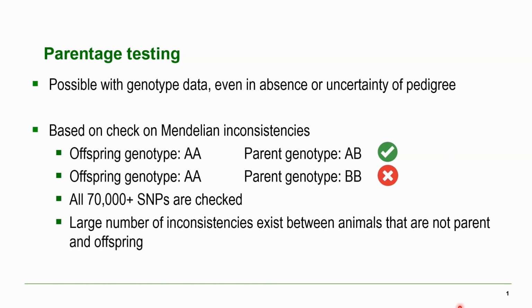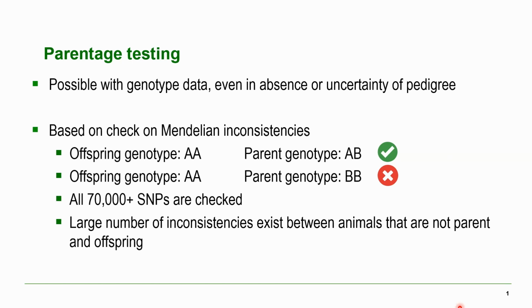Before we go into that subject, I just wanted to talk a little bit about the theoretical background of this. And this is nothing else than the Mendelian rules of inheritance. What we will be doing is checking for so-called Mendelian inconsistencies. According to the Mendelian rules in a diploid organism, the offspring inherits one allele from one parent and the other allele from the other parent.